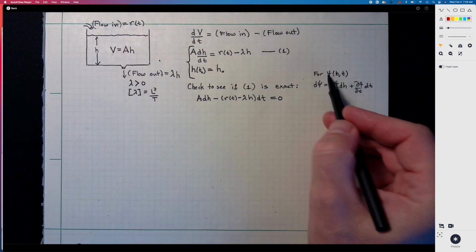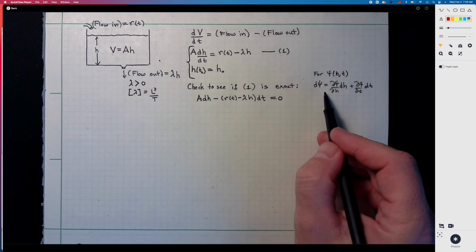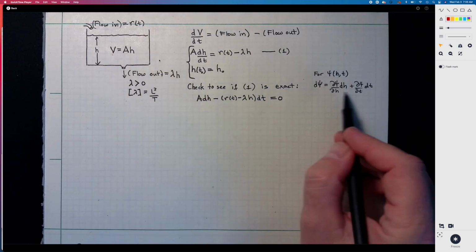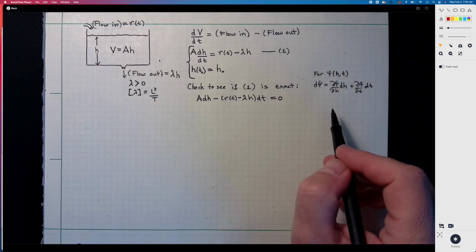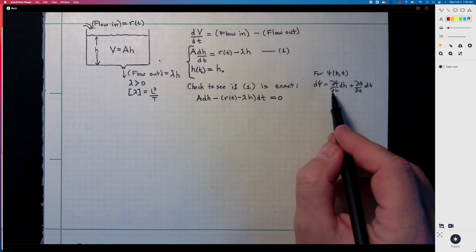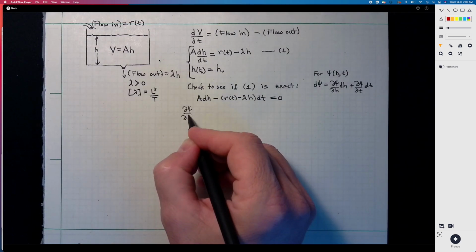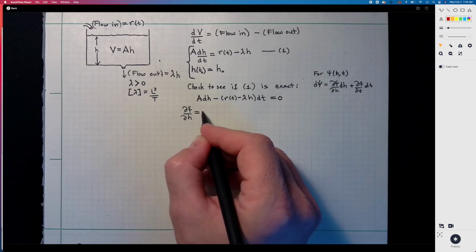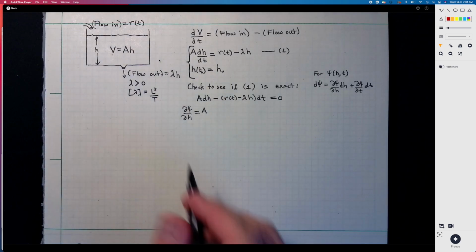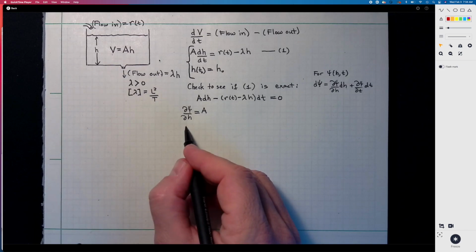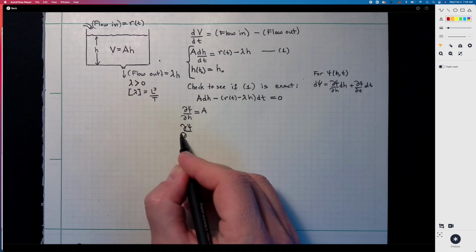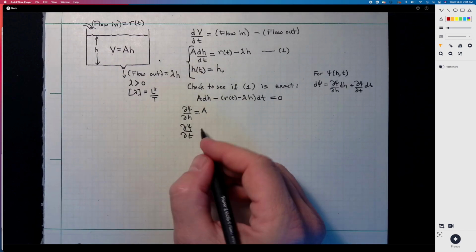So if there is such a function of h and t that can be written out in this form, psi is a constant, then I need partial psi partial h to be equal to A, the coefficient of dh, and partial psi partial t has to be equal to the coefficient of dt.